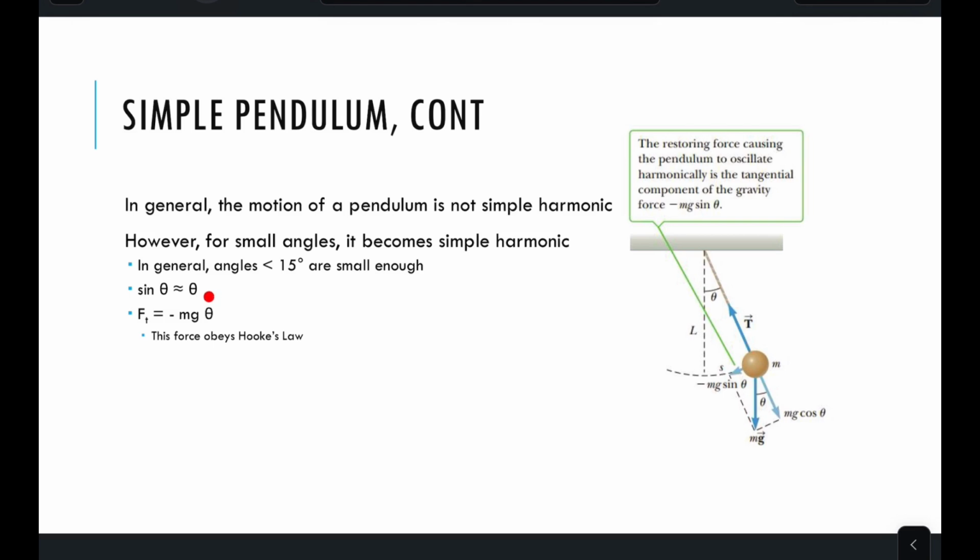Since sin theta is more or less equal to theta, we are going to simplify our equation to Ft equivalent to negative mg theta only. Since theta is very small, less than 15 degrees, sin theta becomes theta only, therefore our Ft just now can be simplified into negative mg theta only.